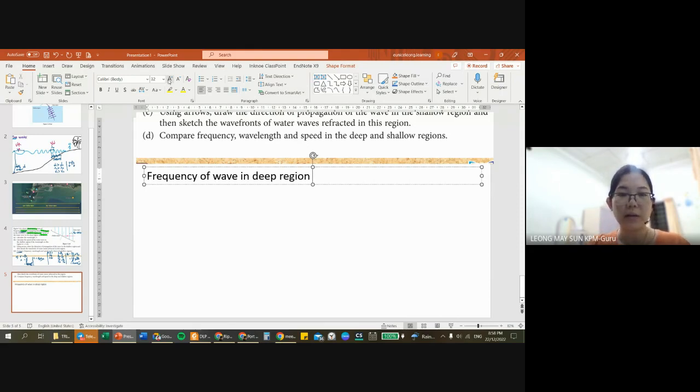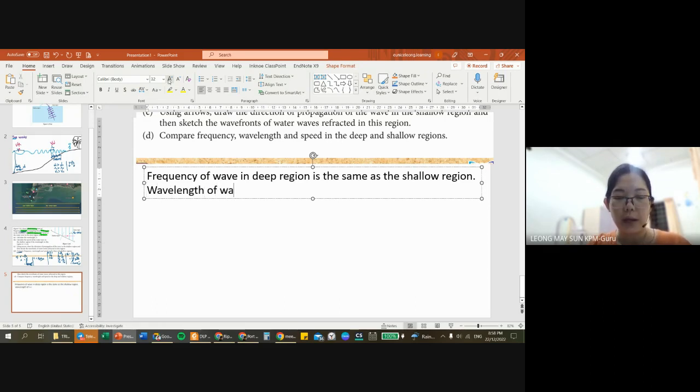So frequency of wave in deep region is the same as the shallow region. That's comparing frequency. Then comparing wavelength: wavelength of wave in deep region is more than the shallow region.